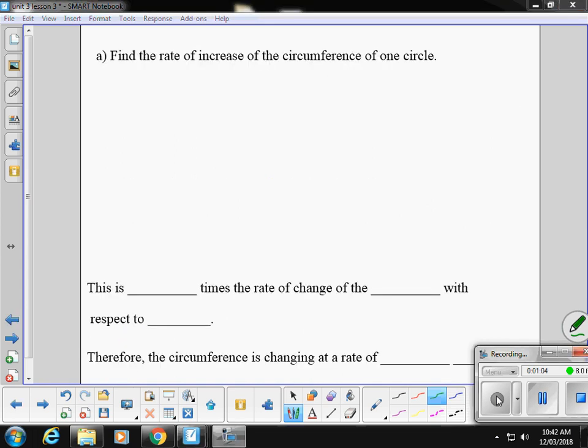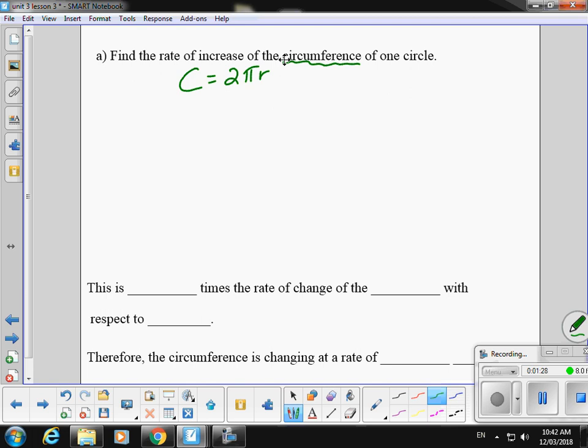So we are looking for the rate of increase of the circumference of one of the circles. So we need to start with a formula that we know for what it is that we're looking for change of. So circumference is 2 pi r. If we're going to take the derivative of both sides, because we're looking for a rate of change, we're going to be doing what we did yesterday.